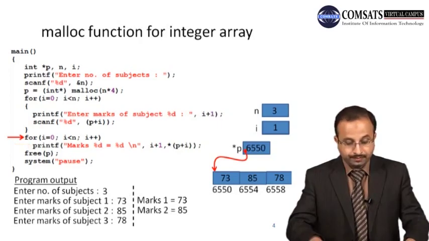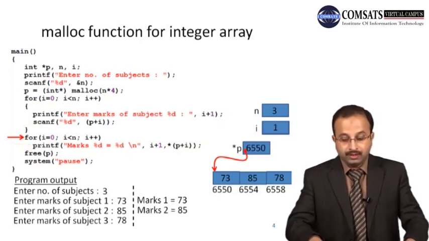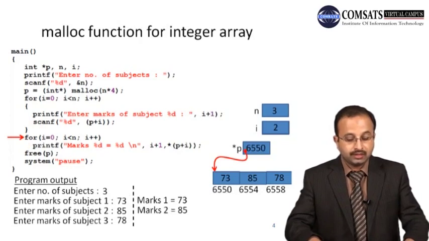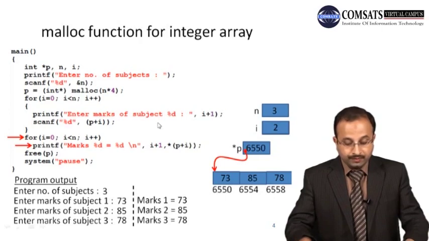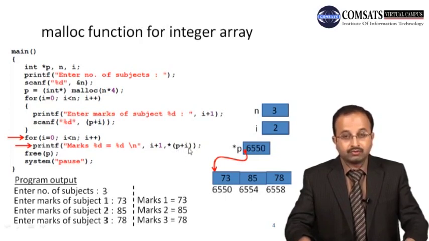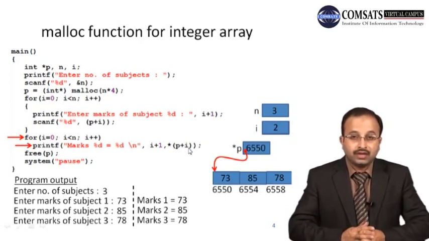And then again the value of I will be incremented. It checks the condition 2 less than 3, the condition is true. Again it executes the printf statement. Now the statement becomes marks 2 plus 1, 3, so marks 3 is equal to 78, that will be printed. So here p is 6550 plus 2, so when you add 2 to the address, it will actually add 8.